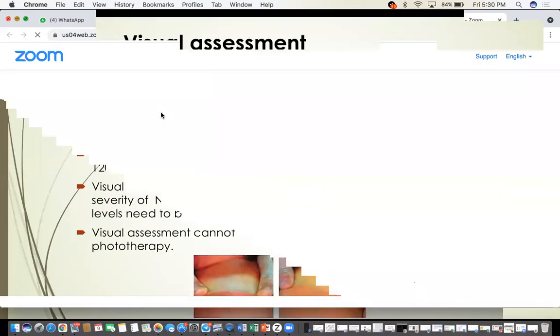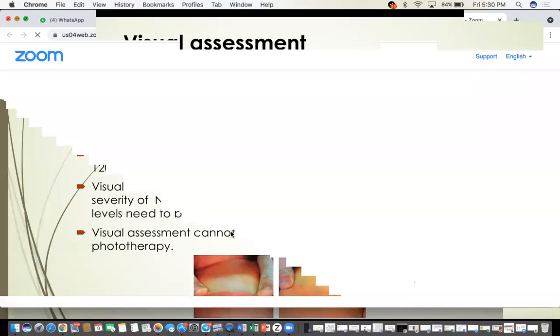Another 10 minutes. Visual assessment is actually not the best, but as medical personnel, you need to remember this is our great tool. What you need to do is perform it by blanching the skin with slight finger pressure and noting the underlying color of the skin.